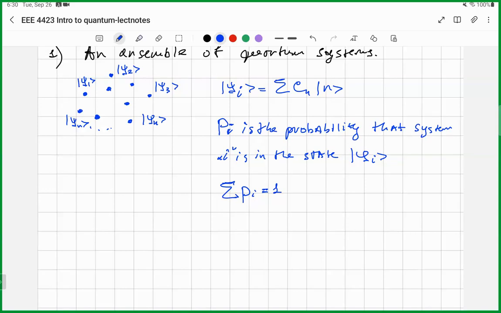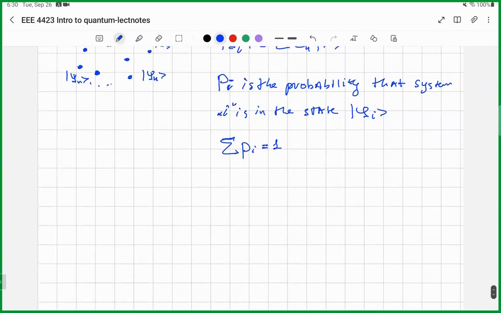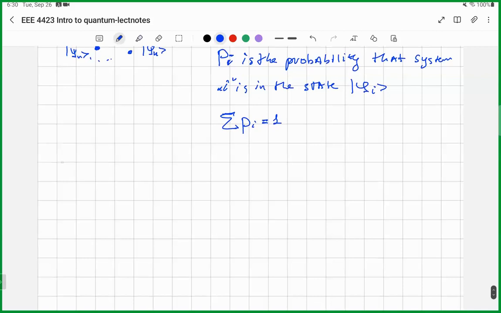For example, one example could be the Maxwell distribution over the velocities. If you have an electron source that emits electrons, it can be just a heated piece of metal at some temperature.